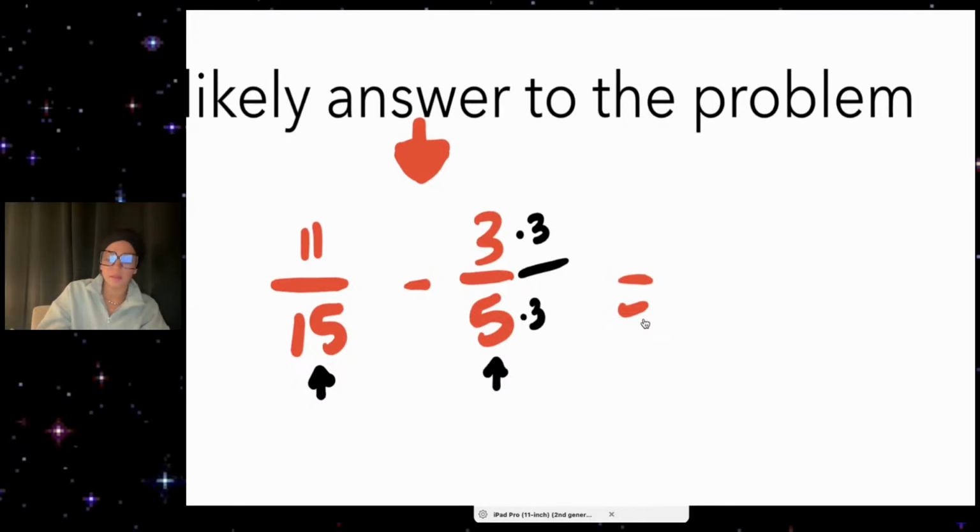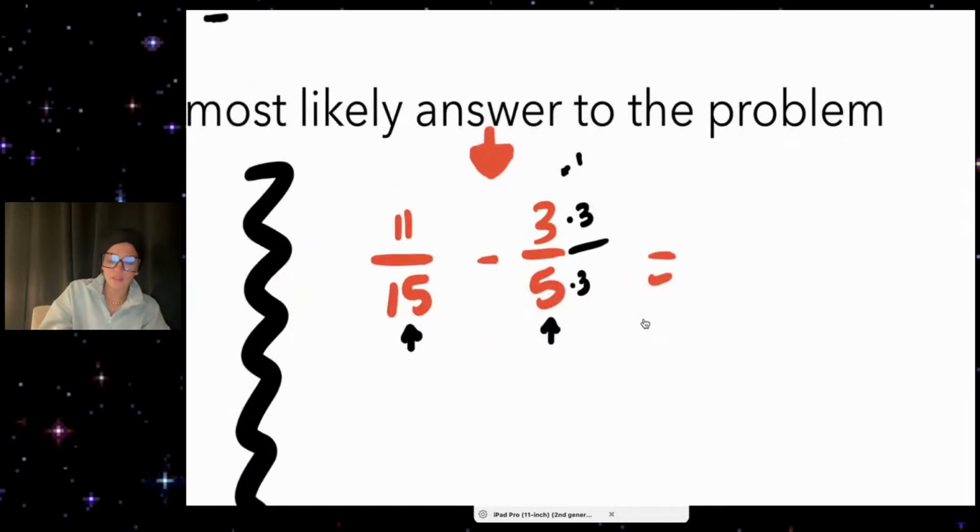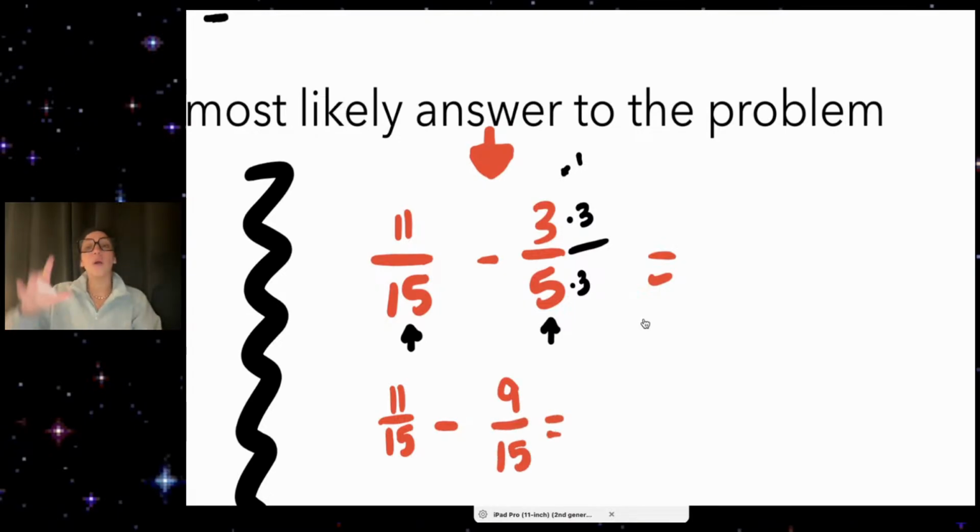Why do I multiply them both? Because then I'm technically multiplying this fraction by a value of 1. And anything times 1 is itself. That's really all I'm doing. 3 divided by 3 is 1. So I have 11/15 minus 3 times 3 is 9, 5 times 3 is 15. Now I can just add or subtract my numerators because my denominators are staying the same.